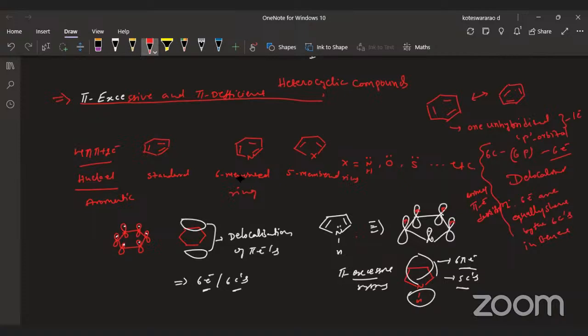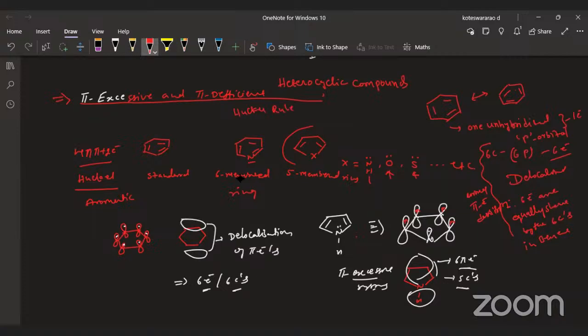Now, whenever we take a 6-member heterocycle, in benzene I replace one carbon with nitrogen. Or in the case of a 5-member ring, one of the carbons is replaced with X. X may be nitrogen, an NH group, oxygen, or sulfur. Both follow the Huckel rule.